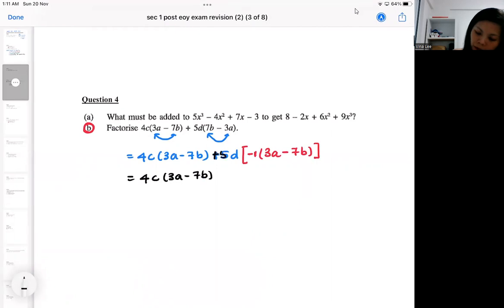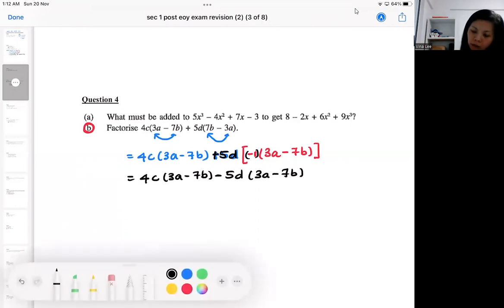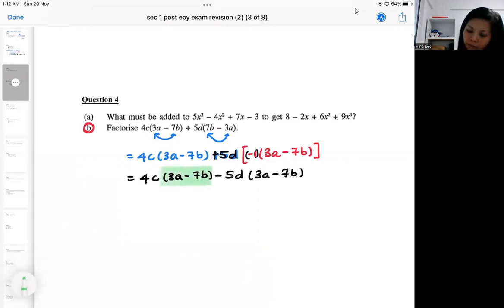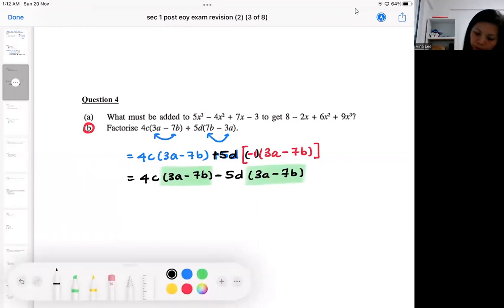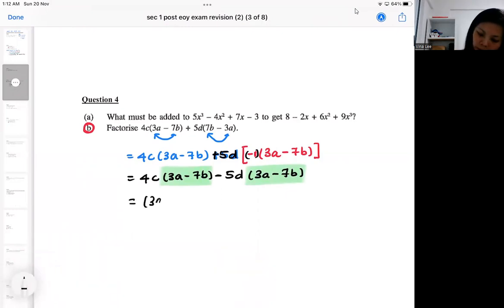The positive 5d and the -1 will become a -5d. Then you will get the same bracket for you to factorize as a common factor.